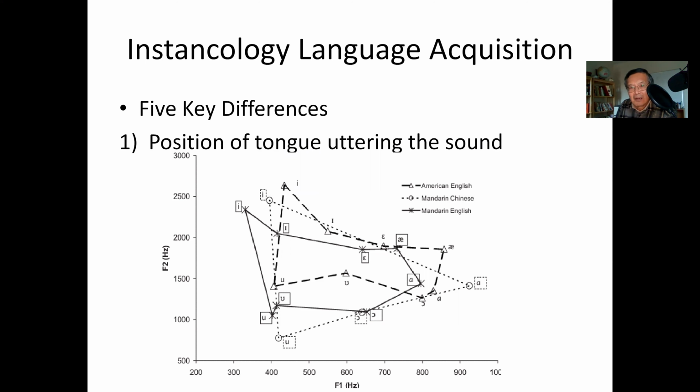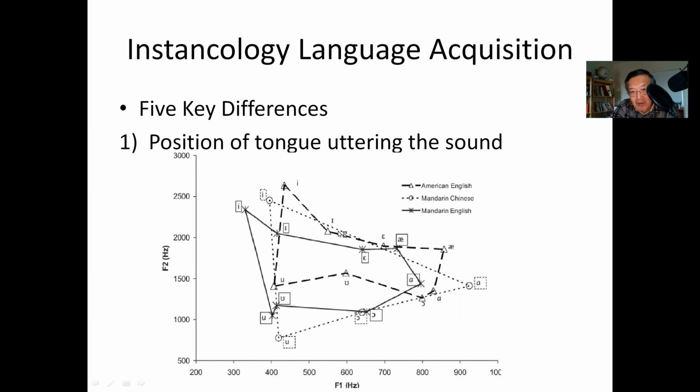Here is a position. Okay, the first one with a triangle, you can see here. Triangle, that's American English. This is the tongue's position. Let's say for the short vowel sound, I, Jim. This should be at that position. But for Mandarin Chinese, that's with the circle, the second one, it comes to here.